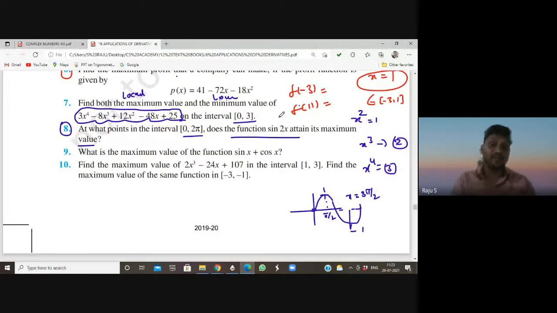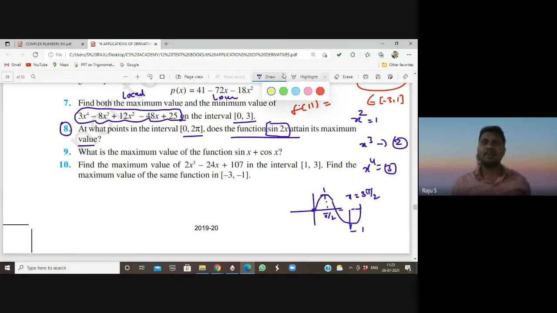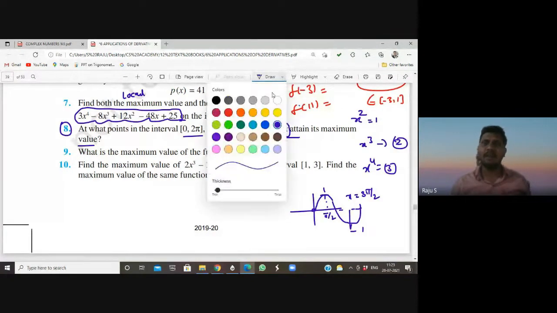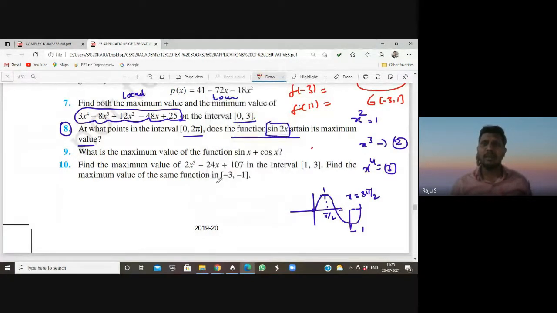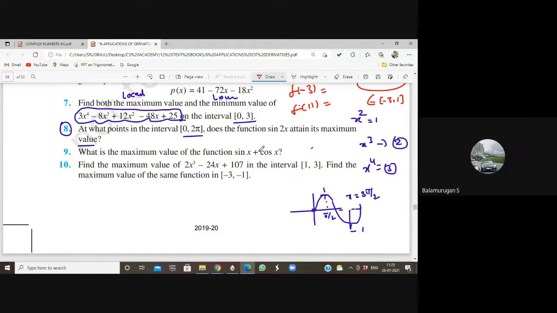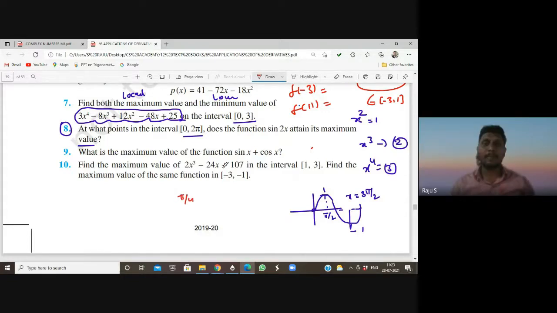But the question is sine 2x. If it is an objective question, at what point will it reach the maximum value? Pi by 4, absolutely, because 2 into pi by 4 becomes pi by 2; 2 into 45 is 90. So sine 2 into pi by 4 becomes 1, the maximum value.